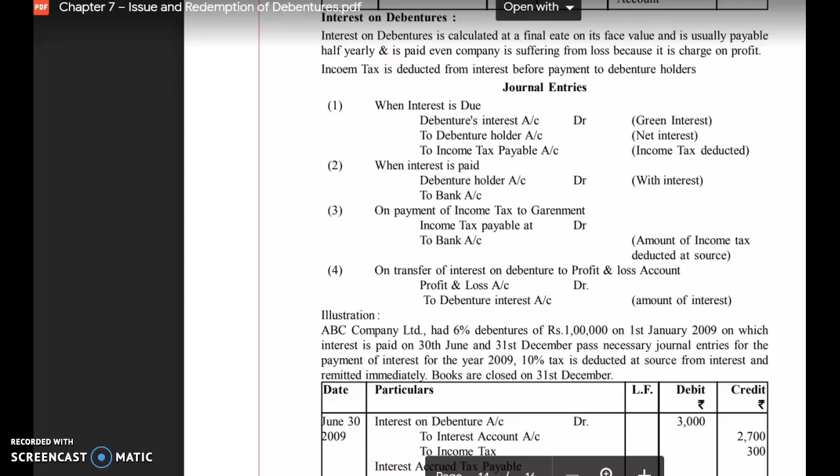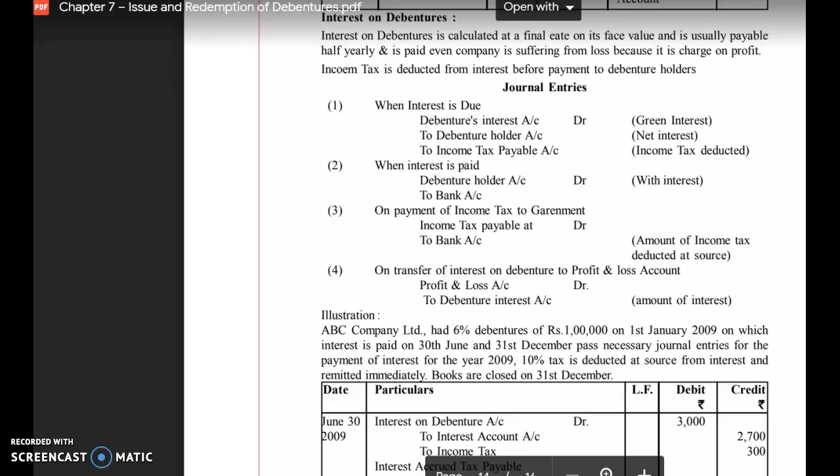TDS here means the tax deducted at source. So what the company will do, out of the total interest which becomes due, the amount of tax as per the rate of the income tax which is applicable on that interest will be deducted by the company, and the remaining amount is paid to the debenture holder, and the tax will be deposited in the government account.